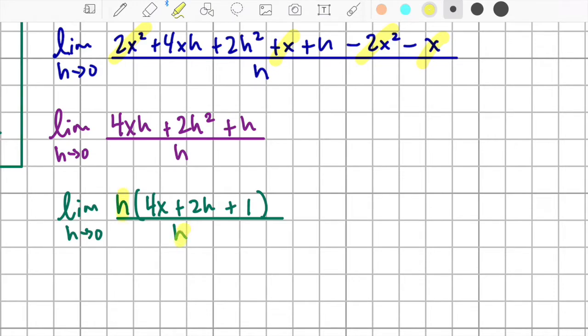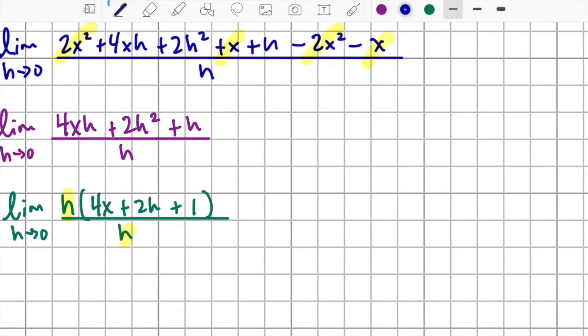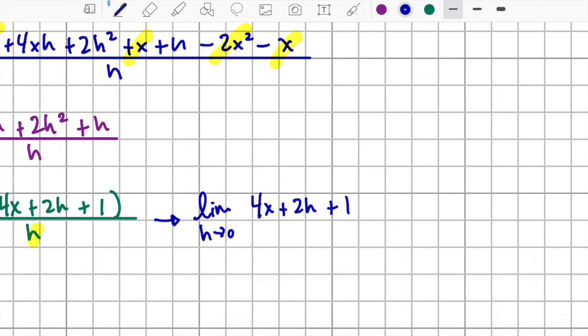So now I can cancel the h's, and we are left with the limit as h approaches 0 of 4x plus 2h plus 1. So now we're ready to evaluate the limit, but I don't want you making this mistake.